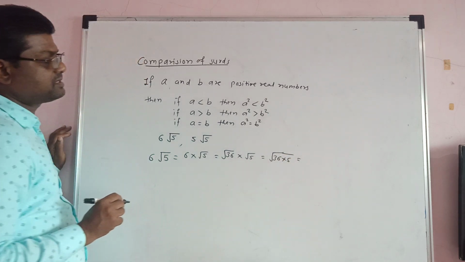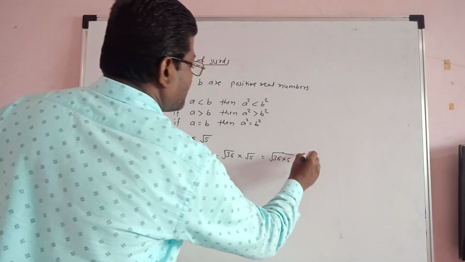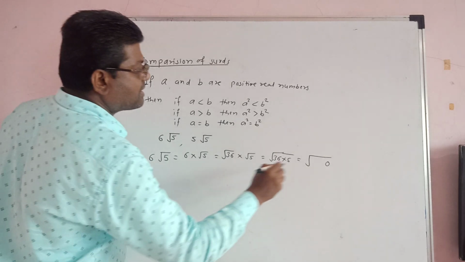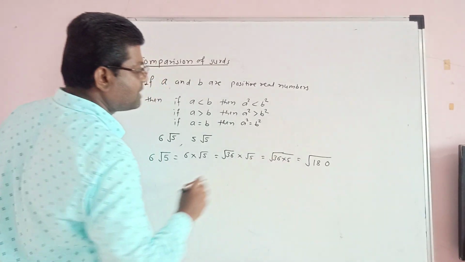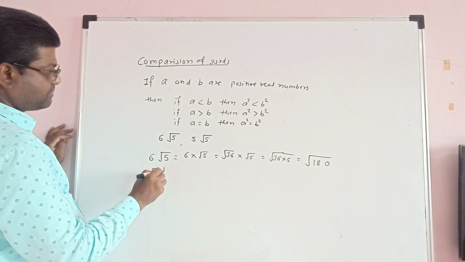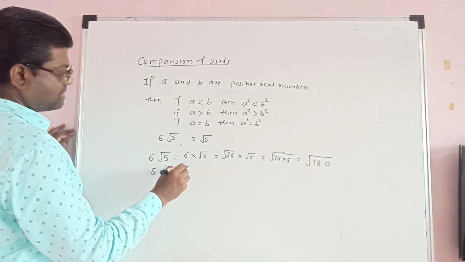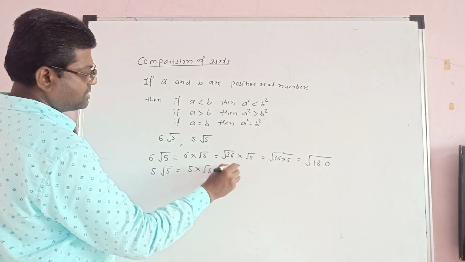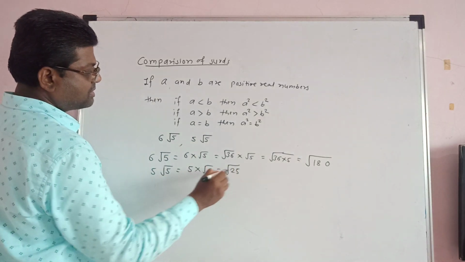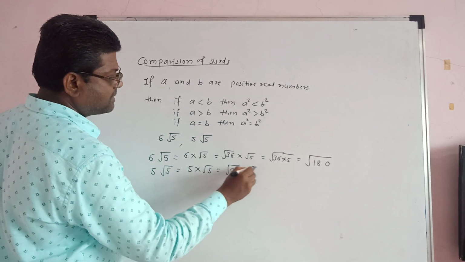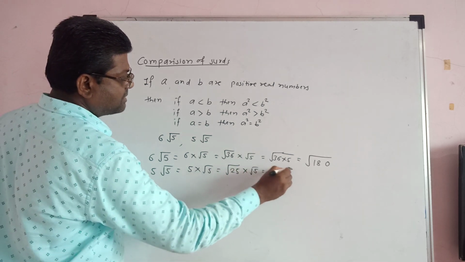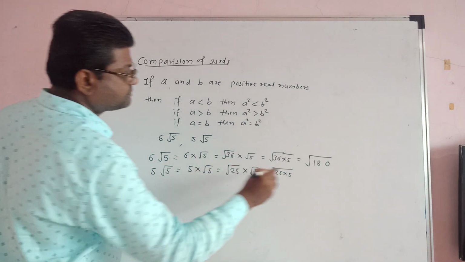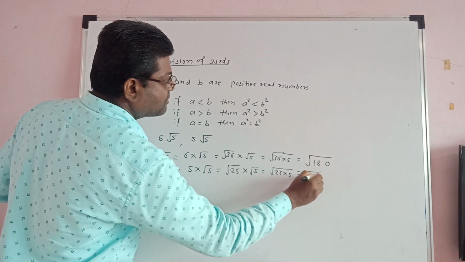So multiply 36 by 5: 5 6s are 30, 5 3s are 15, and 3 is 180. Now 5 root 5 is equal to 5 into root 5, and 5 can be written as square root of 25, so it is root 25 into root 5, which is equal to the square root of 25 into 5, which is the square root of 125.